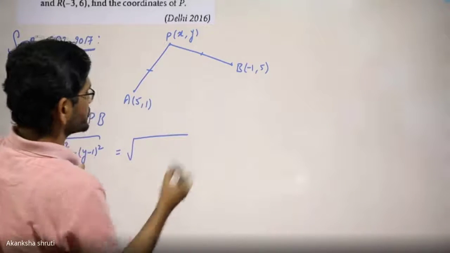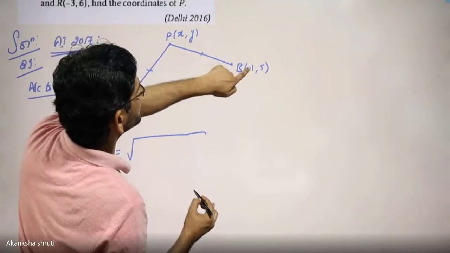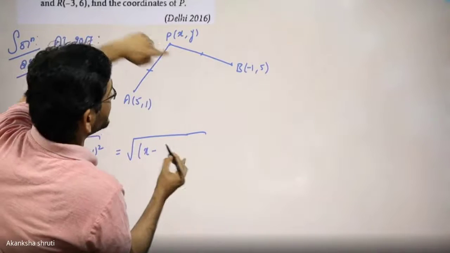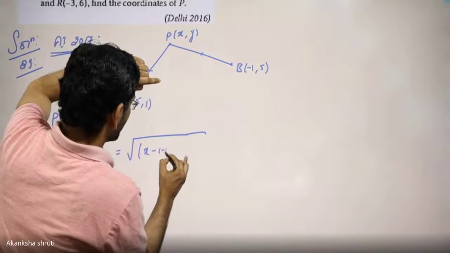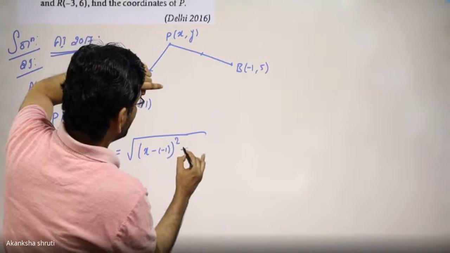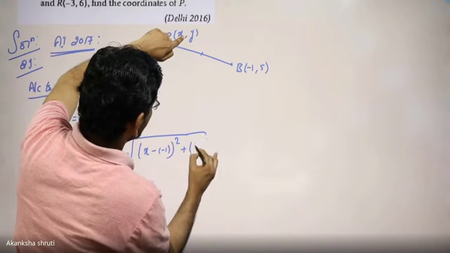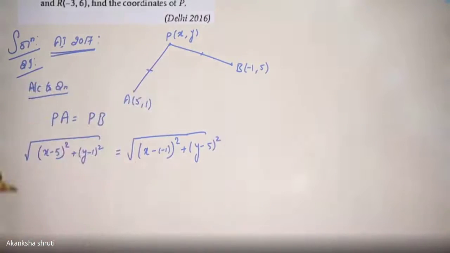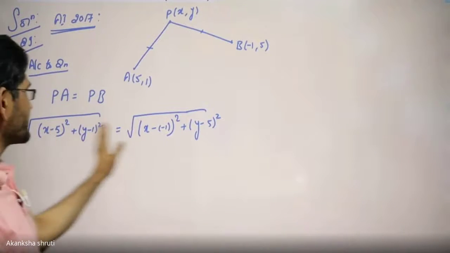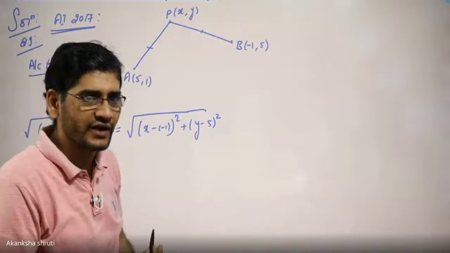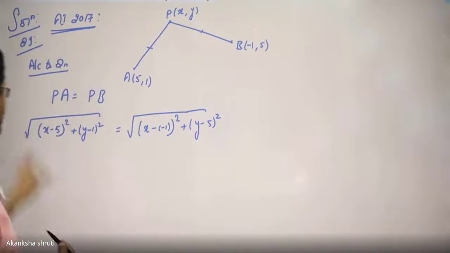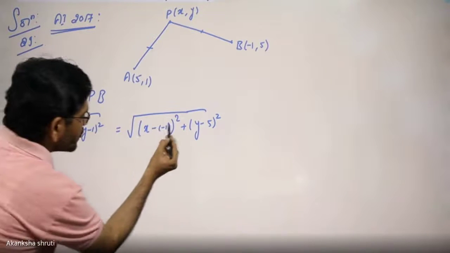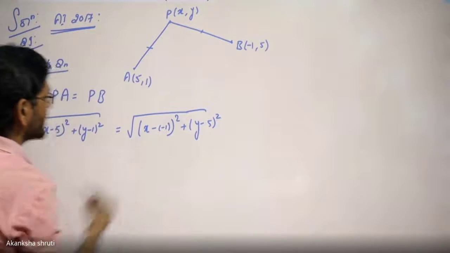Now we have to calculate PB. Again, the square root of the difference of the x coordinates of P and B, so it is x minus (-1), their square, plus y minus 5, squared. Now we have to simplify this to get the relation between x and y. Since there is a square root, we have to remove it.